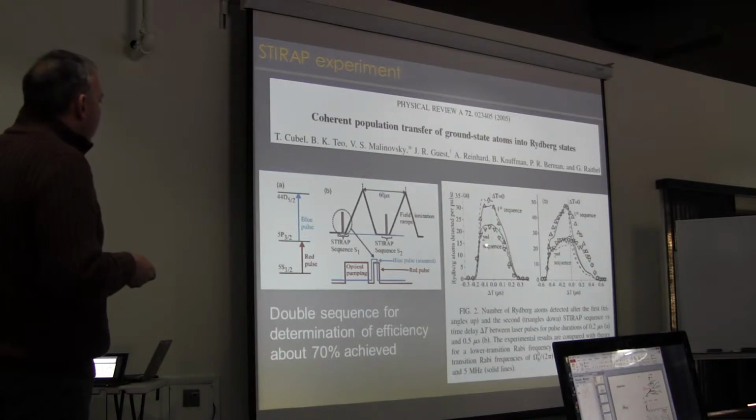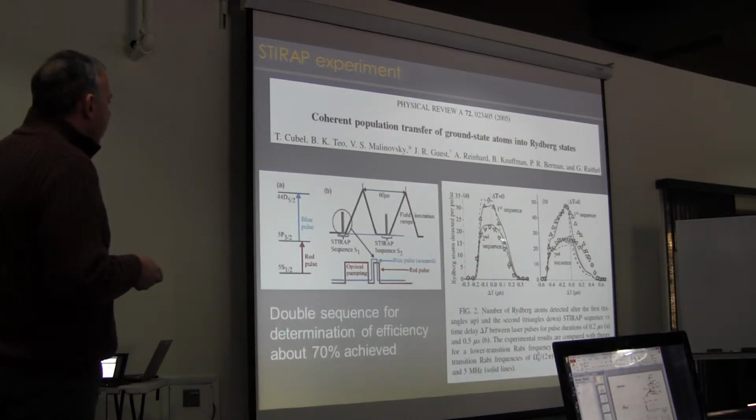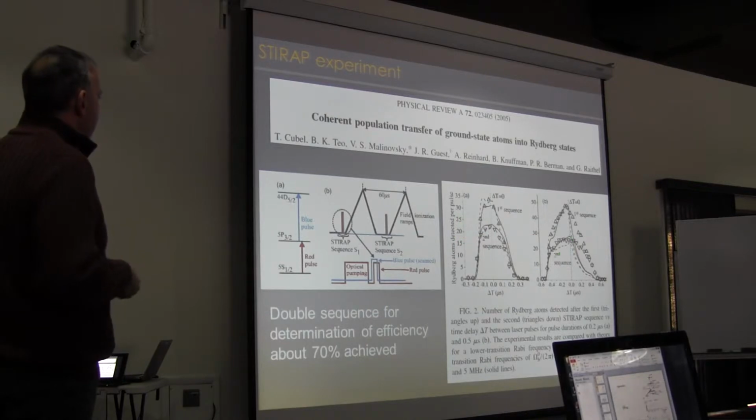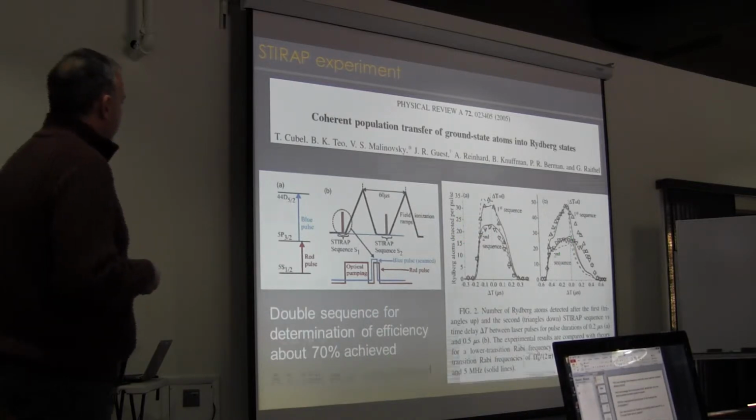You can see some of the time domain behavior here. There's a relatively flat excitation efficiency as they vary the time between the pulses, the partial overlap of these pulses. So this is in a many atom sample, again about 70% efficiency.